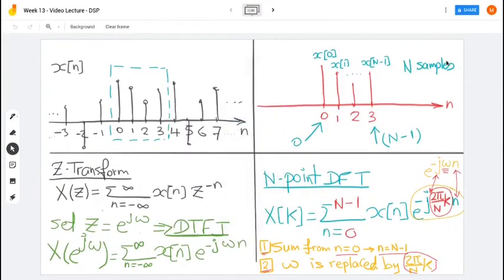If we go back to the definition over here, in the DTFT, in time domain it's discrete, x of n, but in frequency domain it's a function of a continuous variable called omega, whereas in the DFT, the discrete Fourier transform, we have discreteness both in time and in frequency.